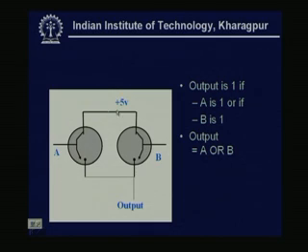Now, say that this line has some plus 5 volt power supply attached, that is connected here. Now, at the base we are applying some input A and here also some different input B. Now, if I change my voltage at these two lines, how will it behave?